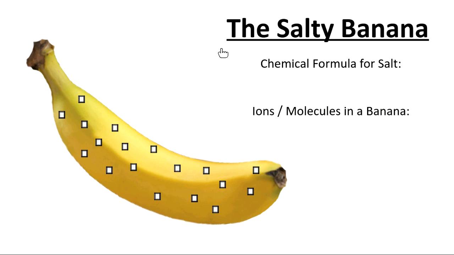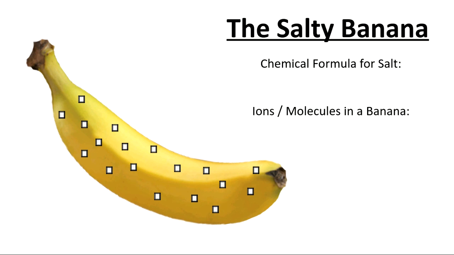So when we think about salt, here's a little chemistry for us. The chemical formula for salt is sodium chloride, or in the abbreviations we saw on the previous slide, Na+ and Cl-.